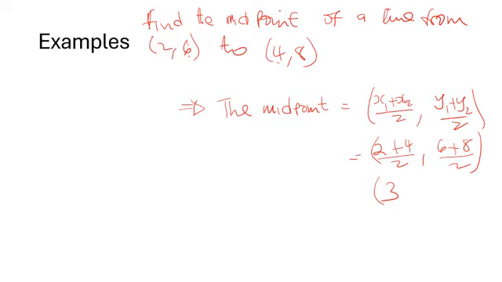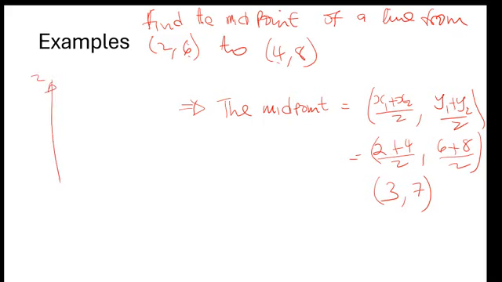So that's 2 plus 4, that's 6, divided by 2, that's 3, comma, 6 plus 8, that's 14, divided by 2, that's 7. Yeah, so that's it.